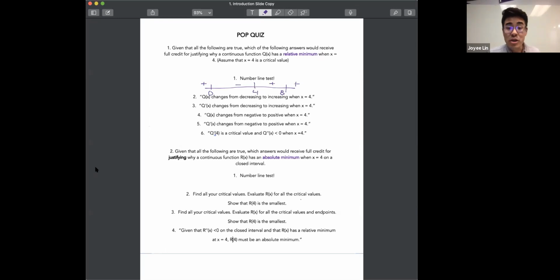And then question number 2 is, which of the following would the AP readers award you credit for if they asked you for an absolute minimum? We can do a similar number line test there. Put some random numbers. Like I've said many times, I'm guessing that there's going to be a lot of justification on the exam this year, just because that's a little bit harder to cheat on.